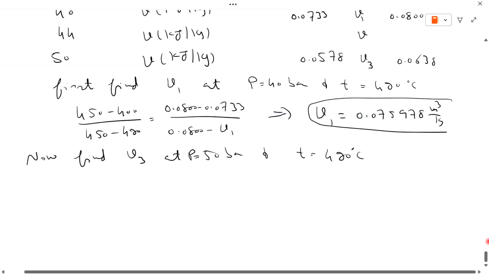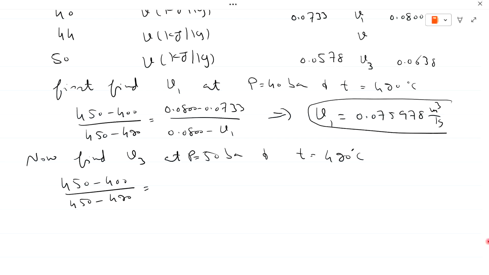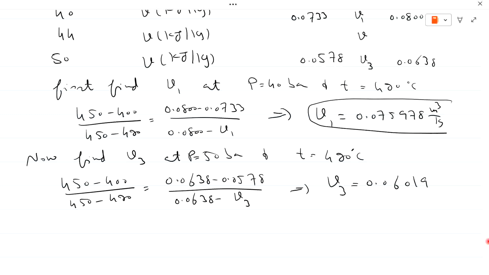Third minus first, 450 minus 400, divided by third minus second, is equal to 0.0638 minus 0.0578 divided by 0.0638 minus V3. Simplify this and calculate. So V3 is equal to 0.060198 meter cube per kg.